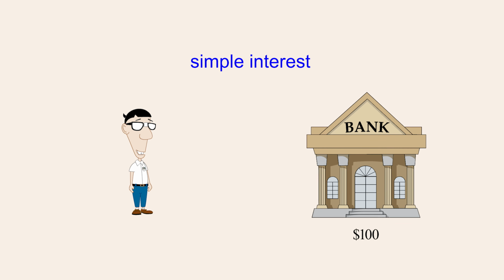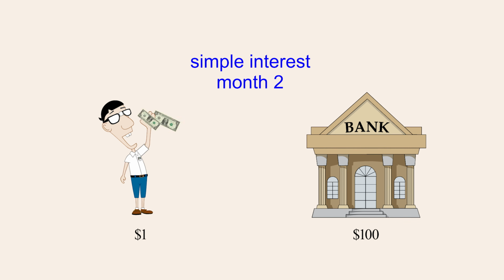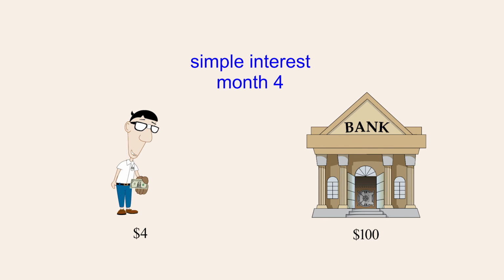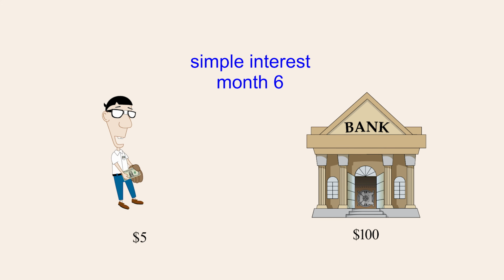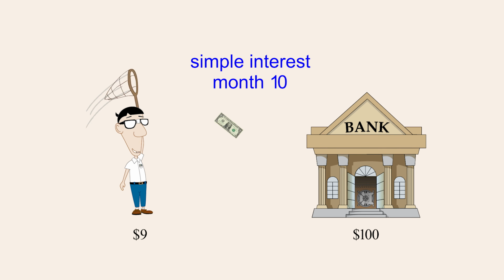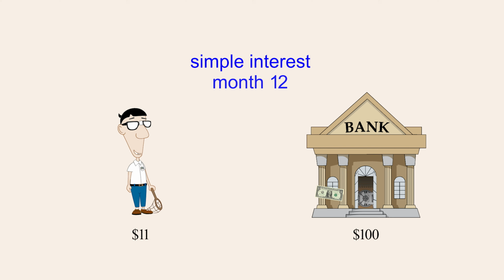Every month, the bank will send you a 1% interest payment on your $100 deposit, so you receive $1 of interest each month. By the end of the year, you will have accumulated $12 of interest so you now have a total of $112.